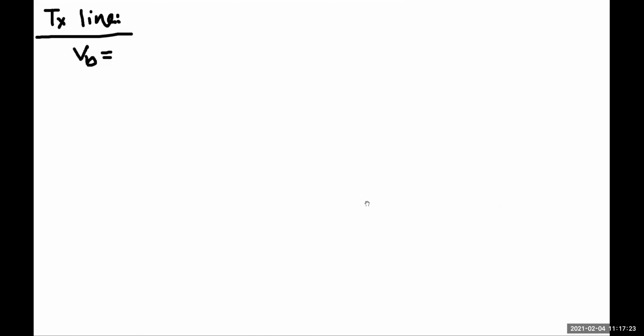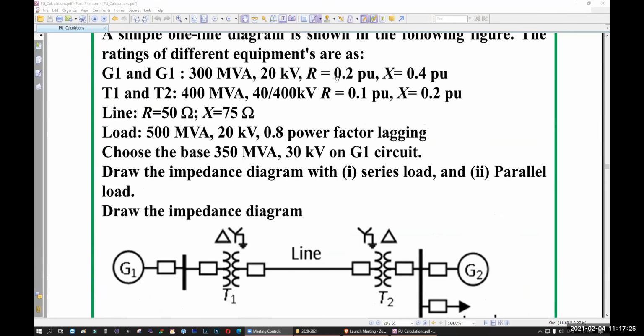Because the value was given in actual, right? If the values are given in actual, you do not have to find out the old base, new base, nothing. Because the values are already given in actual, 50 and 75. Understood? Yes, sir.